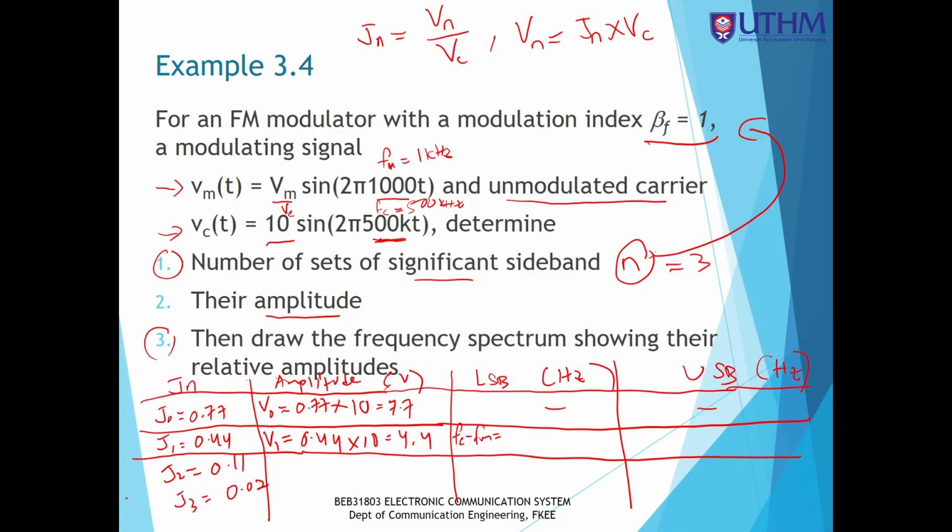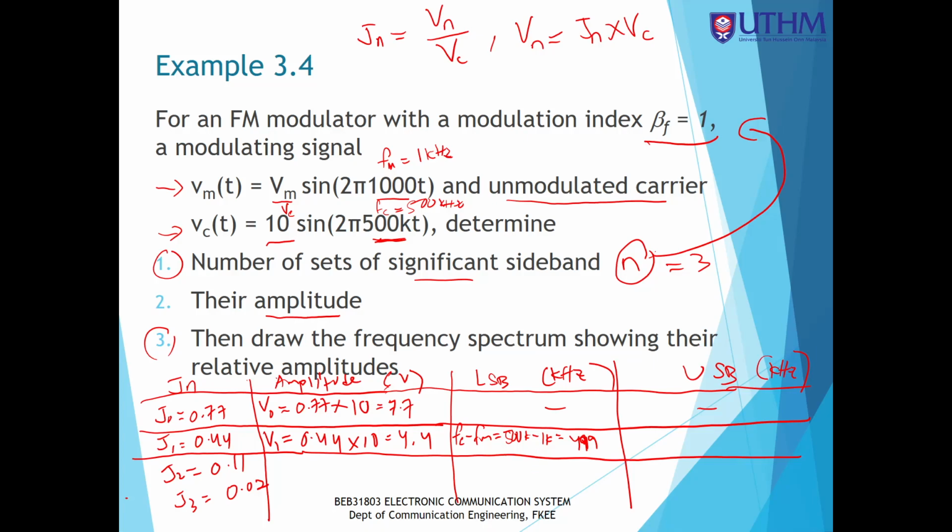So this is 500K minus 1K, so we get 499 kilohertz. Just put K, it is better.